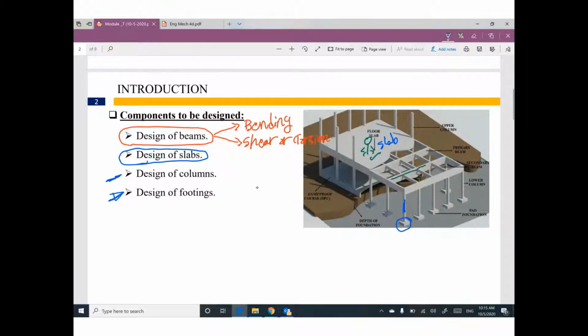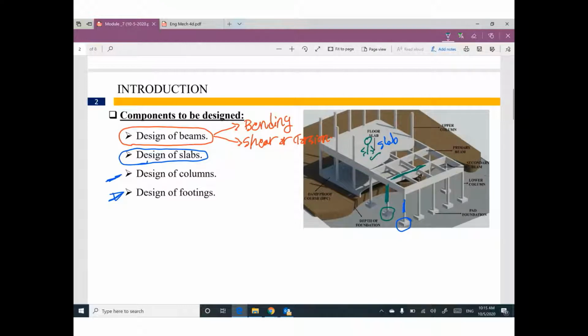These beams are supported by columns. These columns are supported by foundation. So you need to understand this sequence. I believe you understand them. So slabs are supported by beams, beams by columns, columns by foundation.